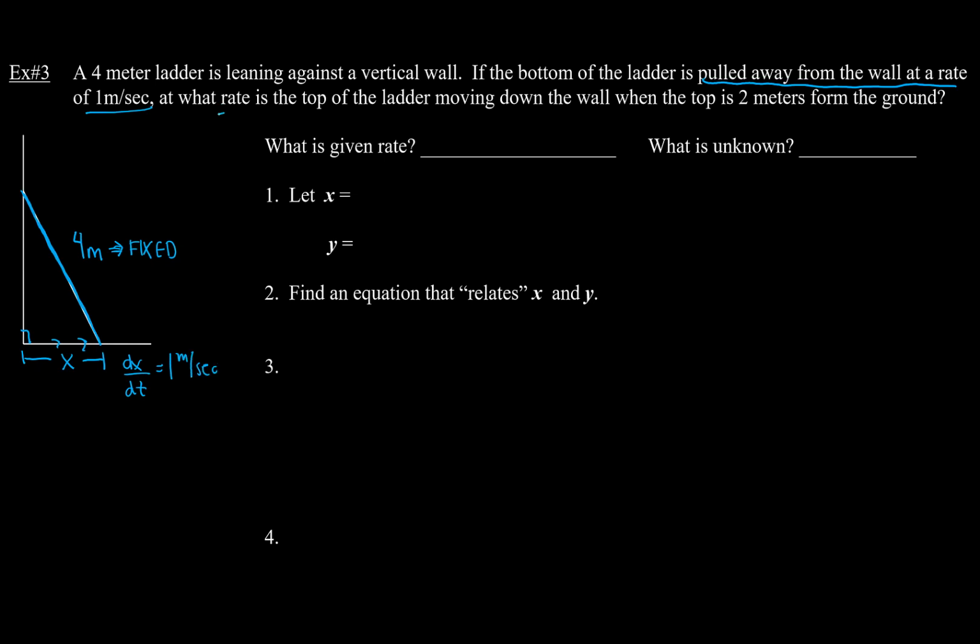They want to know the rate at which the top of the ladder is moving down the wall. So let's call this length y, from here to here. And this change as the ladder slides down is going to be dy/dt. And that's what we don't know.